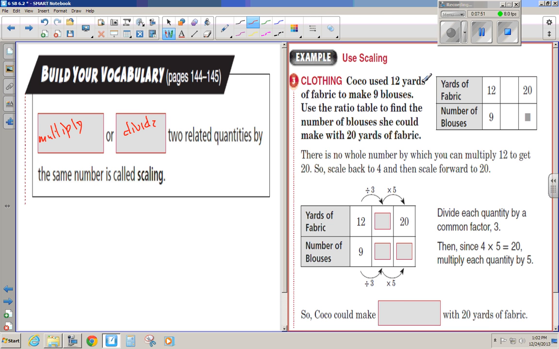Clothing. Coco used 12 yards of fabric to make 9 blouses. Use the ratio table to find the number of blouses she could make with 20 yards of fabric. There is no whole number by which you can multiply 12 to get 20. So the first thing you're going to do is scale back to 4. That means you're going to divide each one by 3 and get an equivalent fraction of 4/3.